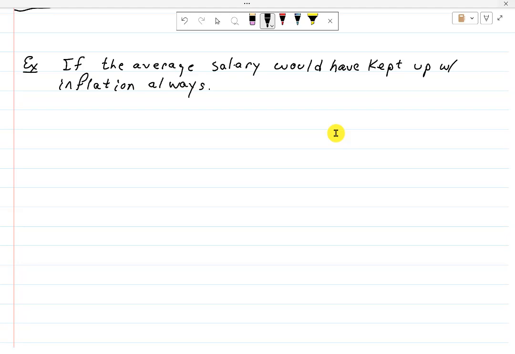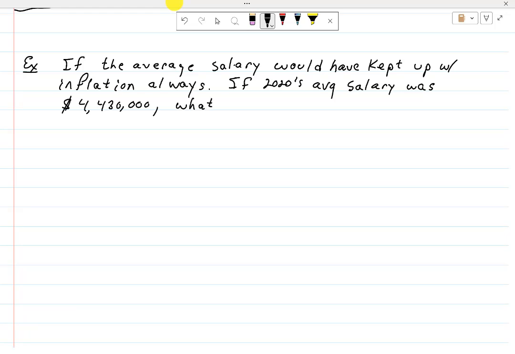So then what should, let me put one thing here, if 2020's average salary was $4,430,000, what should have been the average salary back in 1985.